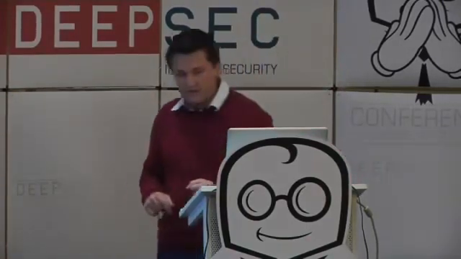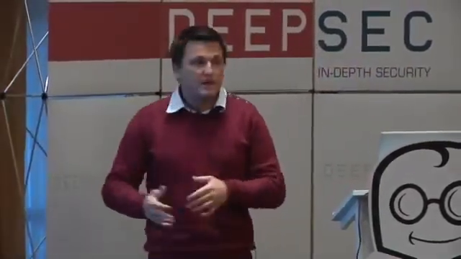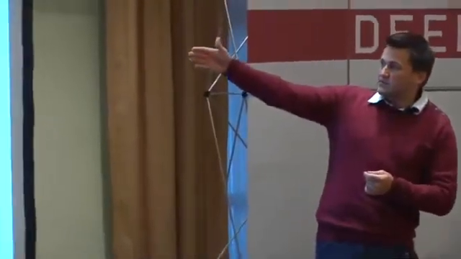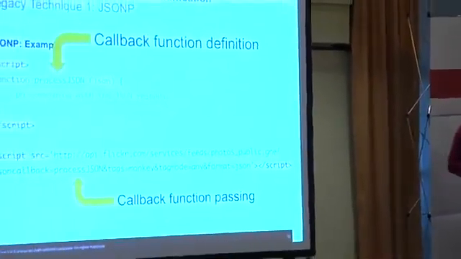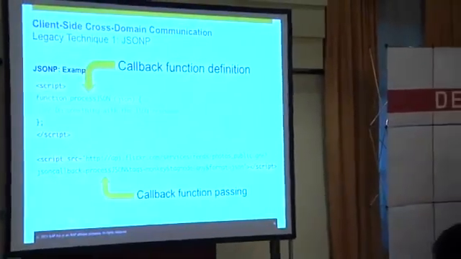And this is a little bit fuzzy, but I explain it here as an example. So we have here an application at example.org, and what this application does, it creates a JavaScript function in its own JavaScript space. And then it simply includes a script from a site that it would like to get data from. In this case, it's flickr.com.